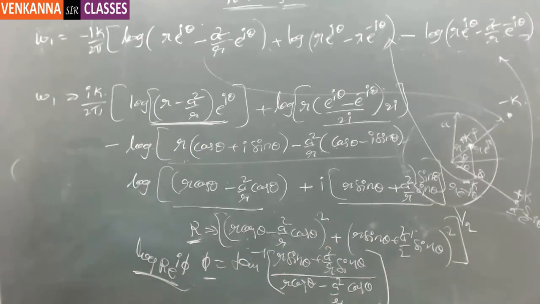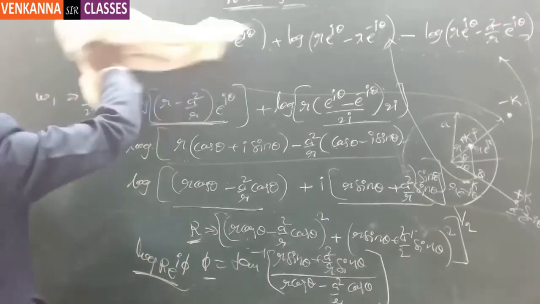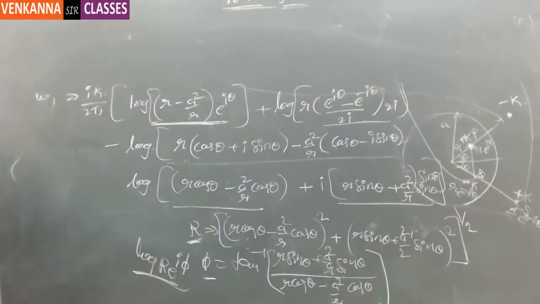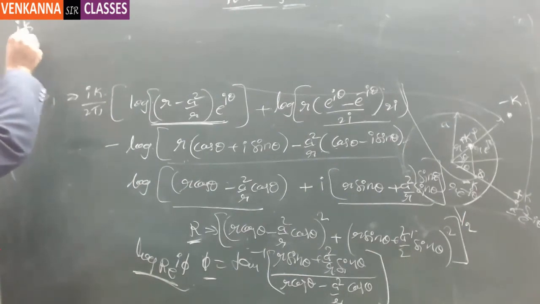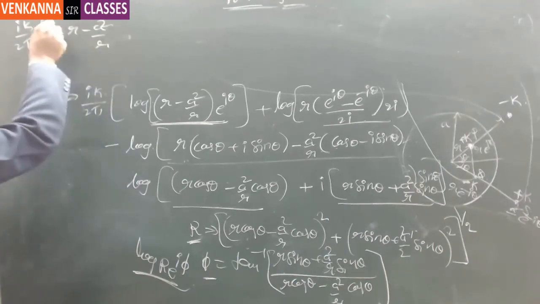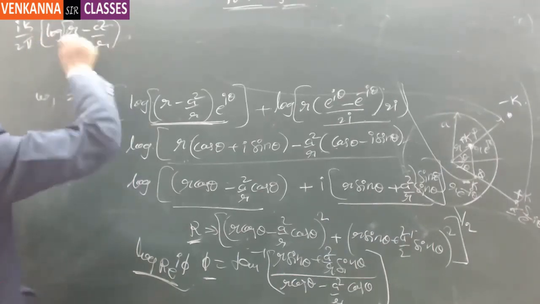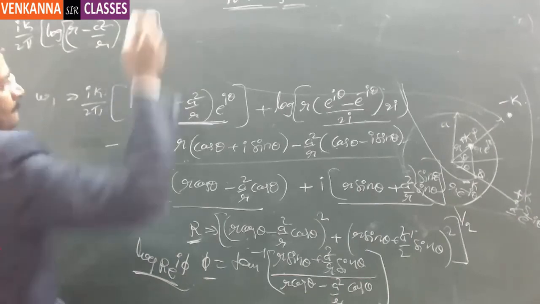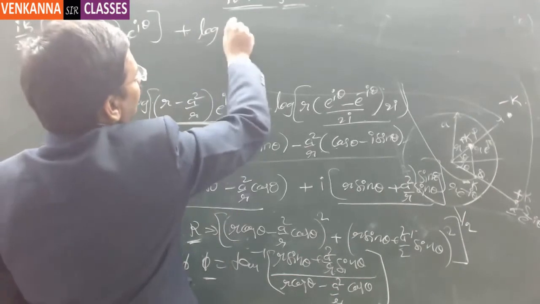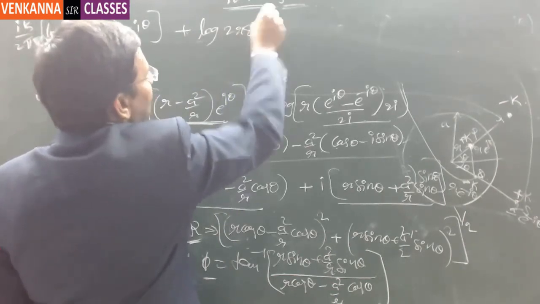Done? Note it down. Okay. So once you have noted this down, now I'll write the real part and imaginary parts here. I'll put it exactly in that particular format first. That is ik by 2 pi times R minus a square by R log of e power i theta plus log of 2R sin theta into i.